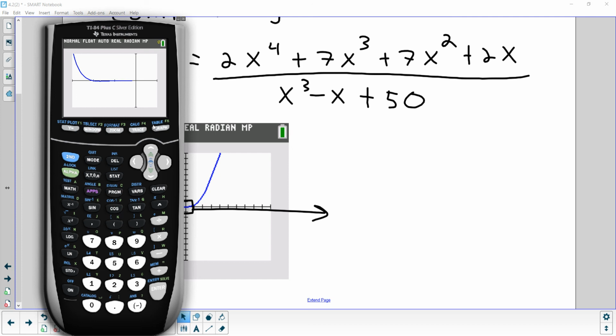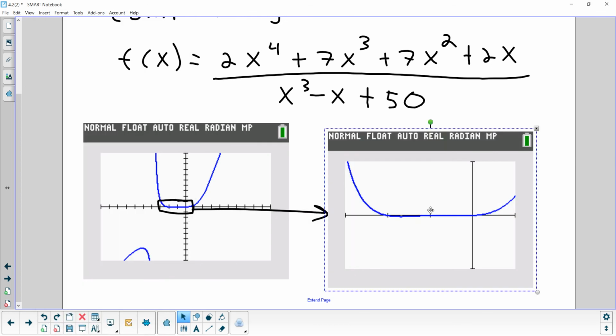If you were finding roots here, what are you still really not sure of, even with that picture? Where it actually crosses the x-axis. Yeah, I can't really tell what's happening. It still looks pretty flat to me in that area.